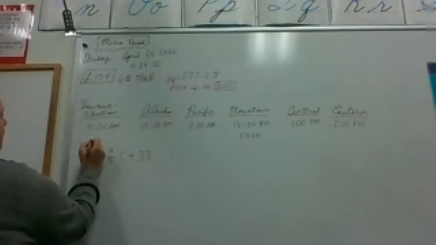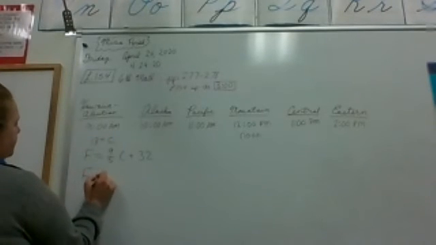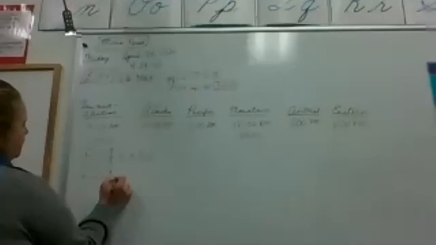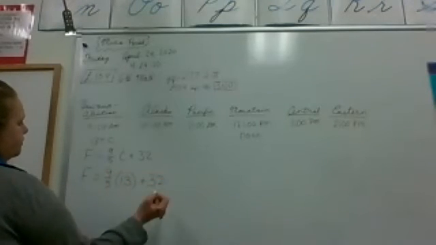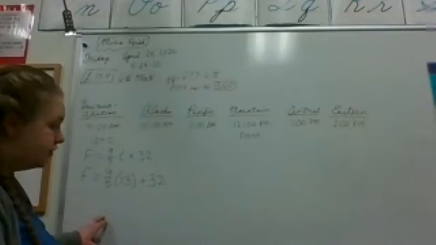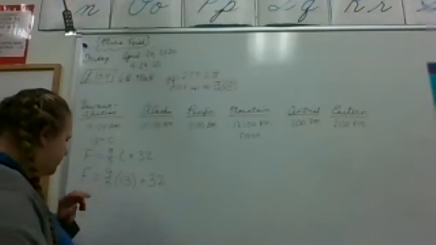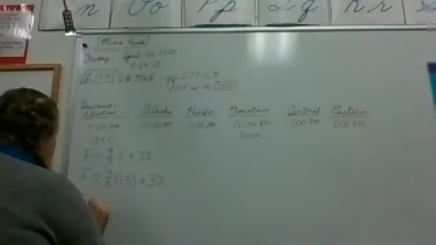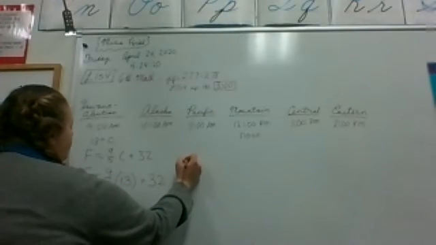So this one was 13 degrees Celsius. So F equals 9/5 times 13 plus 32. Now, which do we have to do first, multiply or add? Multiply, right? Okay, we're finding the closest.